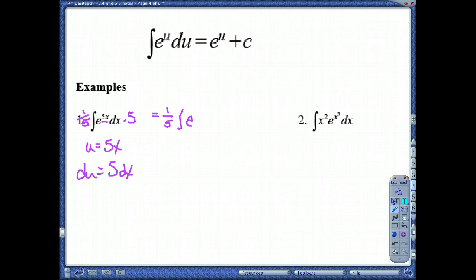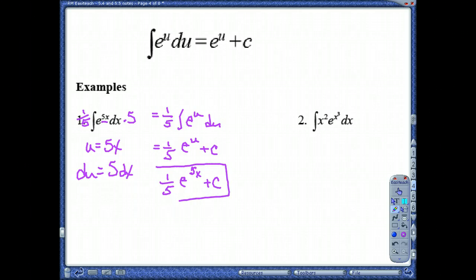Not gonna matter. E to the u du is what we end up with. When I integrate that, I know that's going to be e to the u plus c. Remember, you can't have u in the problem. Substitute that back out. There's my final answer.